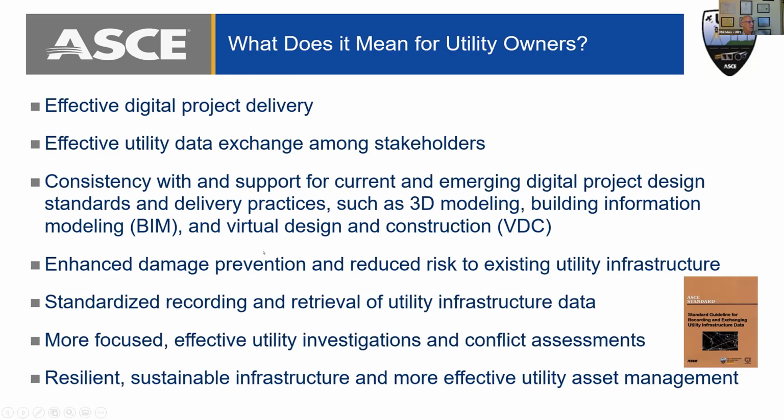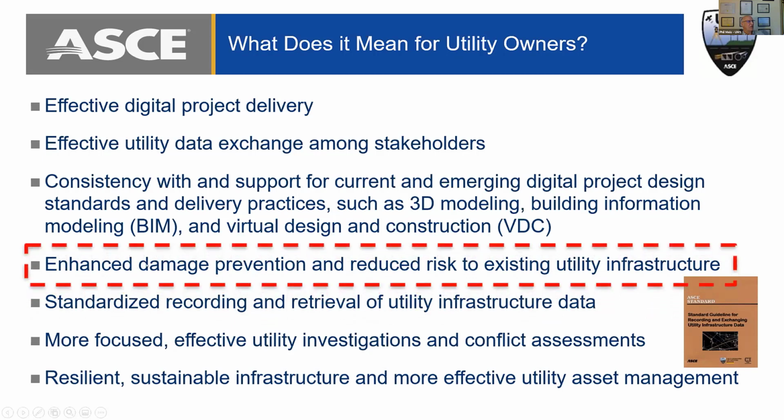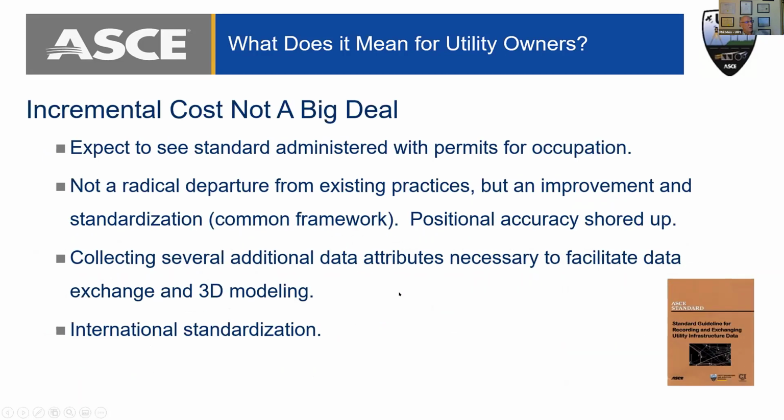And utility owners, the big thing with utility owners is we're going to enhance their damage prevention and reduce their risk. And the other thing is they will be able to use that data when they're doing their own planning. The incremental cost is not a big deal. A lot of utilities are already collecting as-built data that's just not standardized.